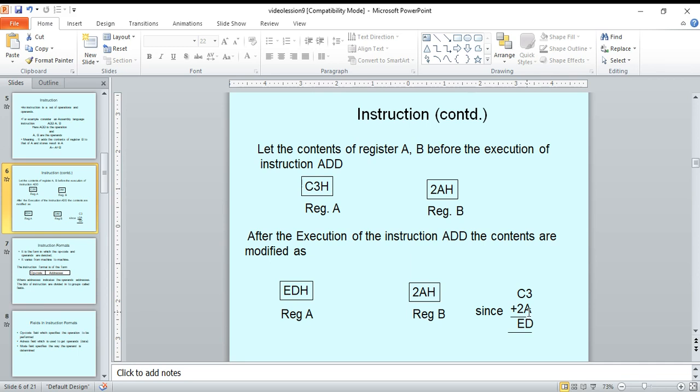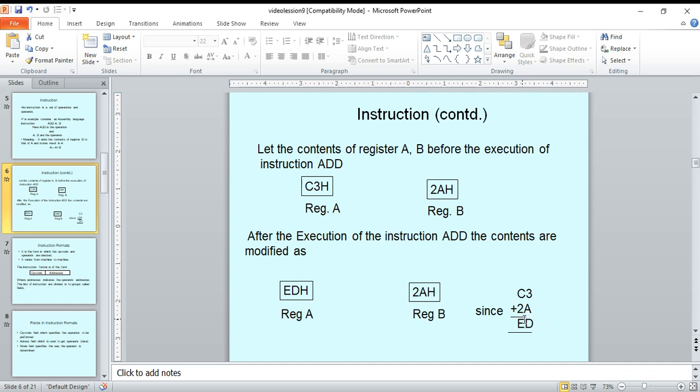So C3 plus 2A. A is 10 and 3 is 3, so 10 plus 3 is 13, and for 13 we use D. And C is 12, plus 2 is 14, and for 14 we use E. So the result is EDH.